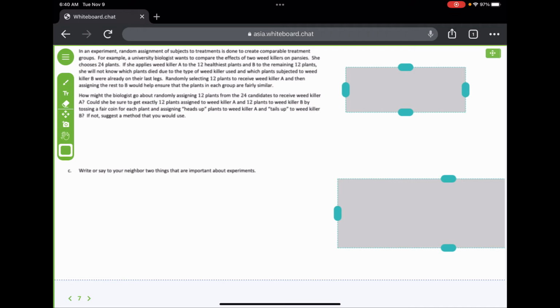Could she be sure to get exactly 12 plants assigned to weed killer A and 12 plants to weed killer B by tossing a fair coin for each plant and assigning heads up plants to weed killer A and tails up to weed killer B? If not, suggest a method that you would use.